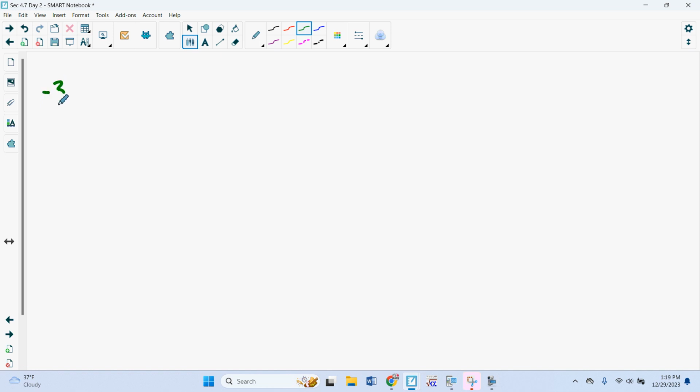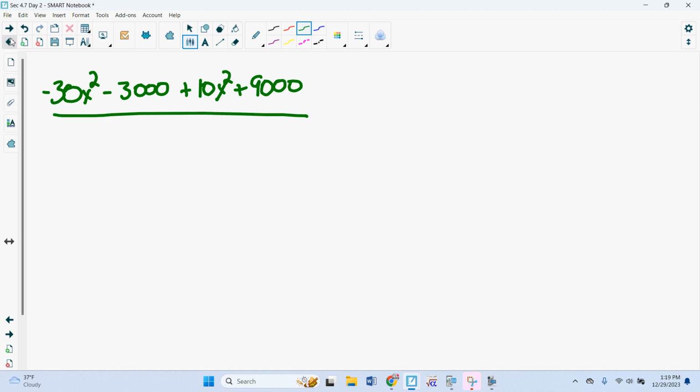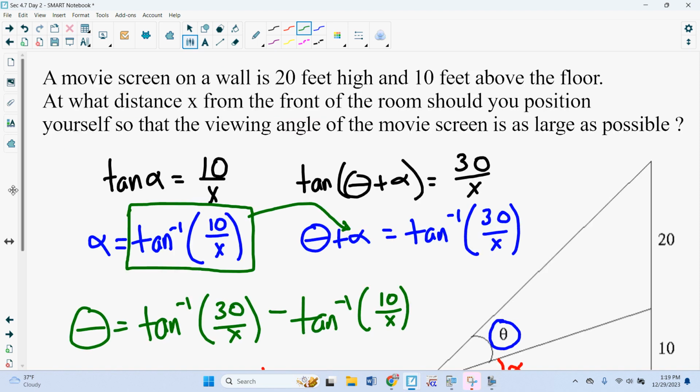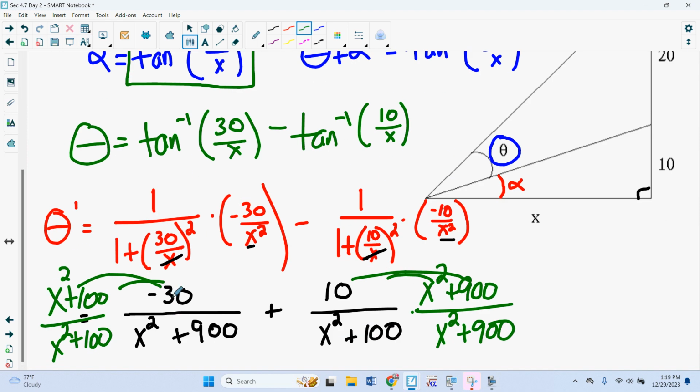is minus 30x squared minus 3,000 plus 10x squared plus 9,000. Going back here, again, that's negative 30 times x squared.